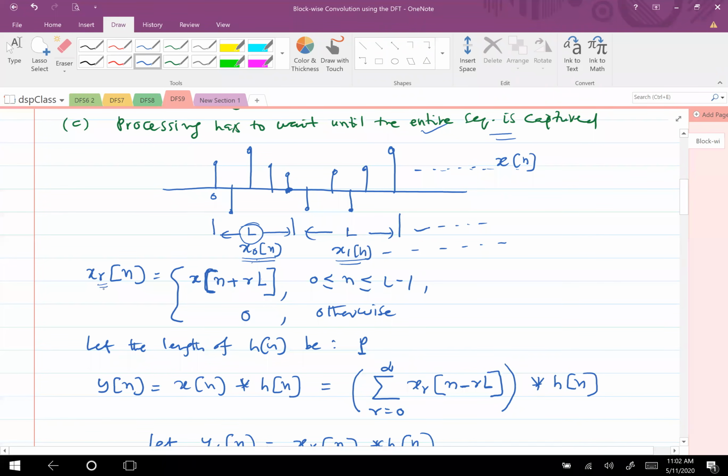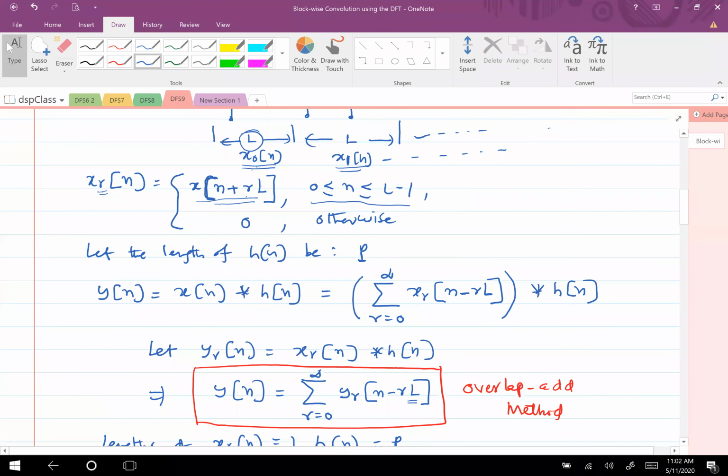With subscript 0 it's the original part. With subscript 1 you simply add L here. With subscript 2 you add 2L, and so on. So X subscript R of n would be equal to X of n plus RL, for n from 0 to L minus 1, and 0 otherwise.